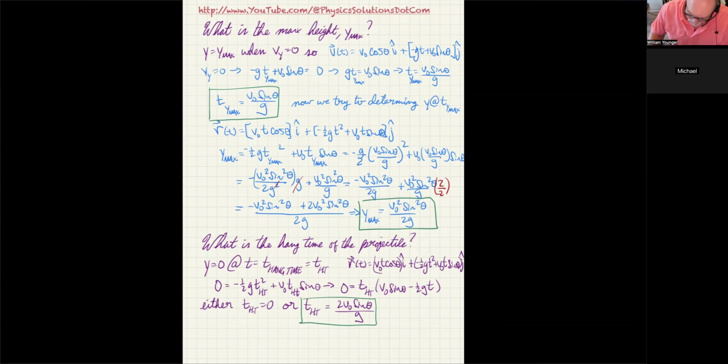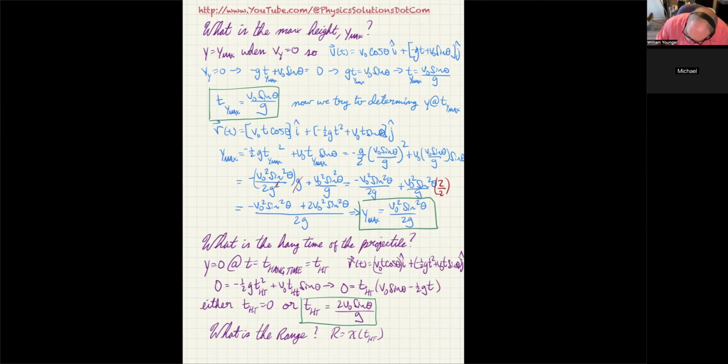Now that we know t hang time, we can say, what is the range? Well, range is equal to x at t hang time. So if I just take the x position, the equation that we have in the r, in other words, at t hang time, then that will give me the range.